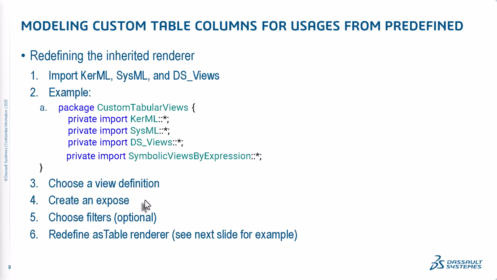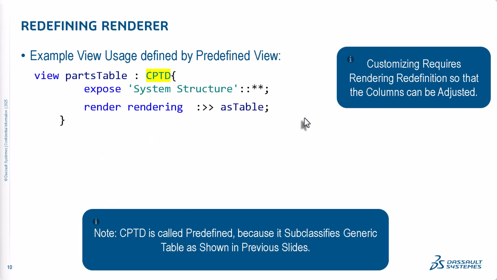Same steps as before, just as I described, and it looks exactly the same, except for, we're using CPTD instead of the other, and we know that this is the generic table. So this will look differently than the other one. The other one would be an empty table, whereas this one will have 6 different columns that we'll narrow down. And we'll see more of this in the following slides.